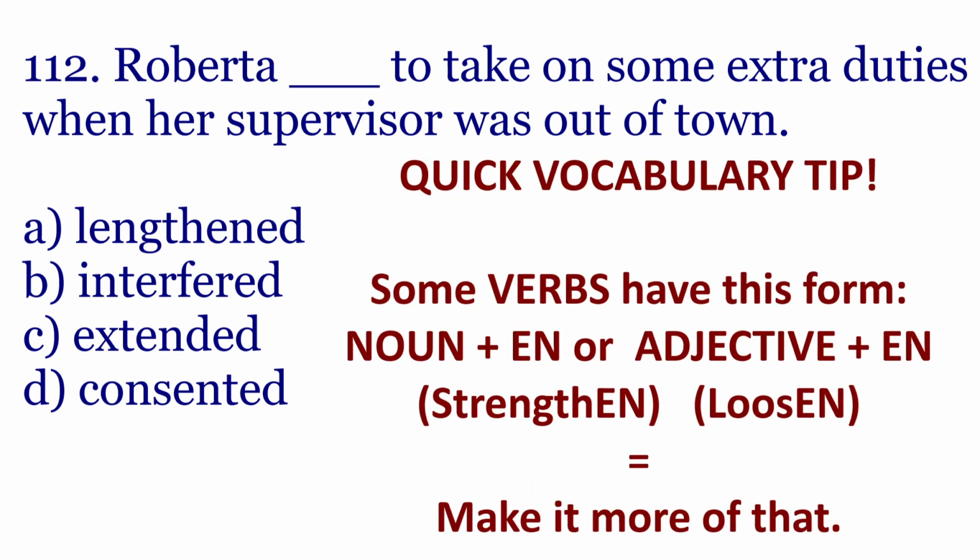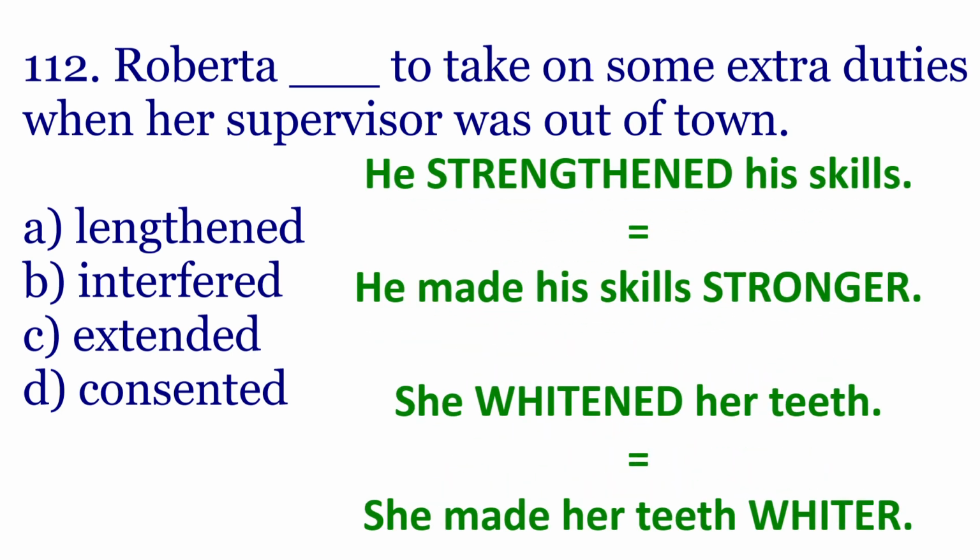Now, here's a quick vocabulary tip. If you see adjective or noun plus en and it becomes a verb, it means make it more. Let me explain. He strengthened his skills. Now, strength is the noun for the adjective strong.